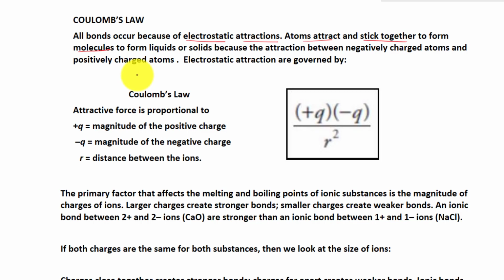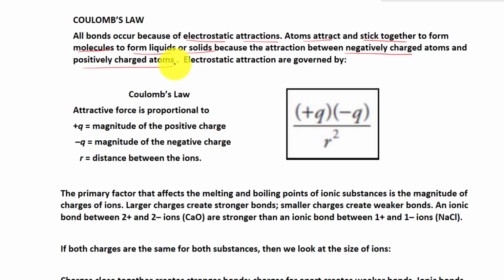And these molecules will attract each other and form liquids or solids. And that's all because of the electrostatic attraction between negatively charged atoms and positively charged atoms. So negative attracts to positive charges. And that's the key concept of electrostatic attraction.